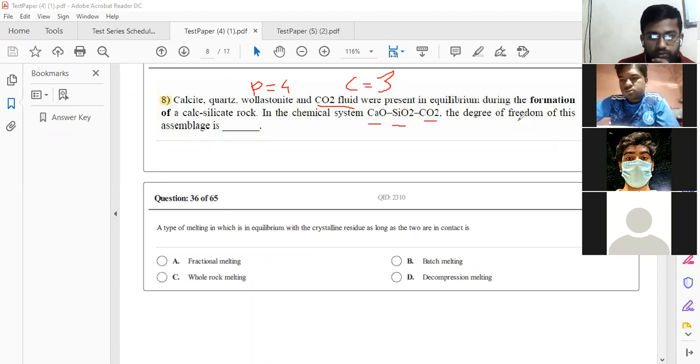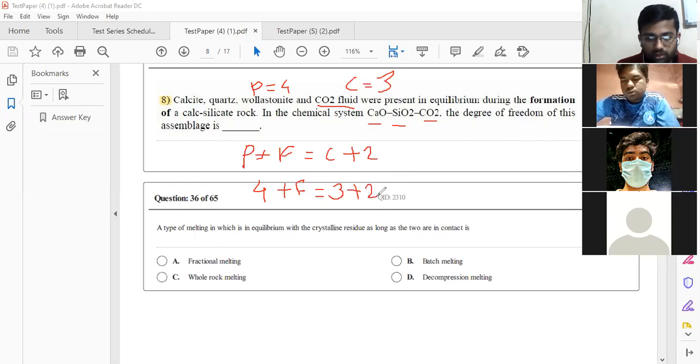The degree of freedom of this assembly. So now you need to apply the general phase rule. Okay, so P plus F is equal to C plus 2. So 4 plus F is equal to 3 plus 2.